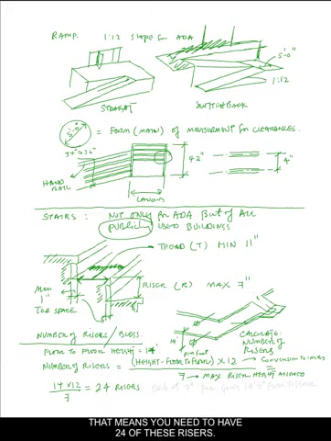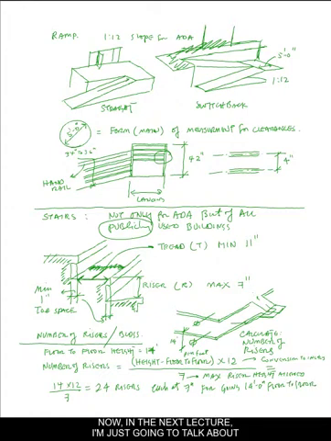That means you need to have 24 of these risers, each at 7 inches, for going 14 feet floor to floor.